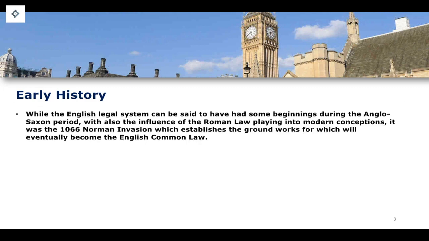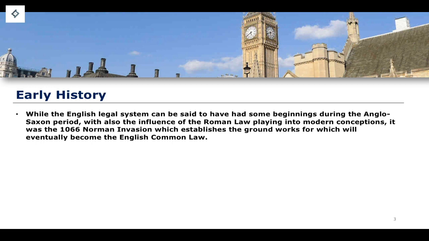But in terms of the early history, we can say that the English legal system has its beginnings within the general period of the Anglo-Saxons and the heptarchy, which then develops into a unified England under the reign of King Athelstan, who is the grandson of Alfred the Great. But it is also the influence of Roman law which plays into the modern conceptions of the development of the UK's legal system.